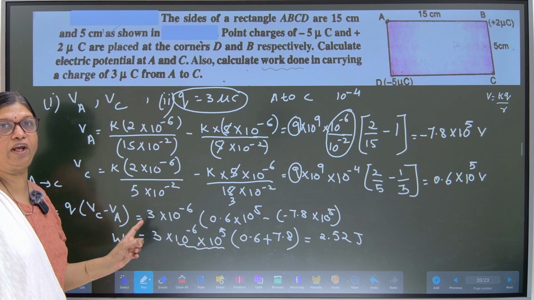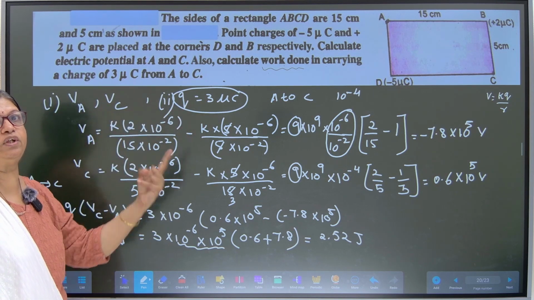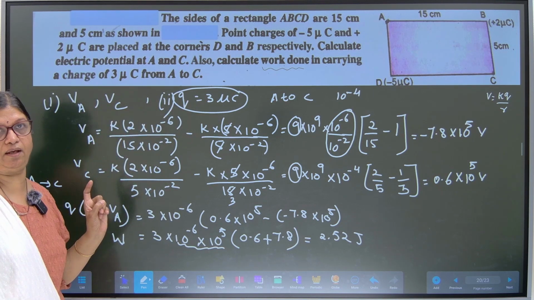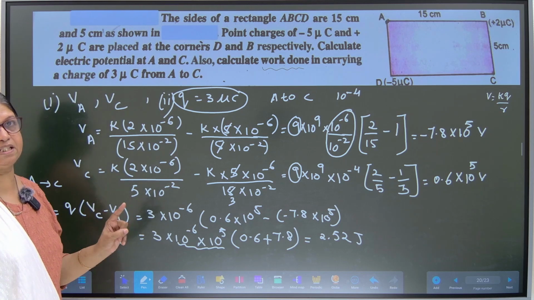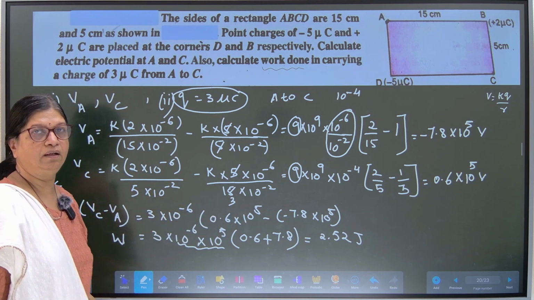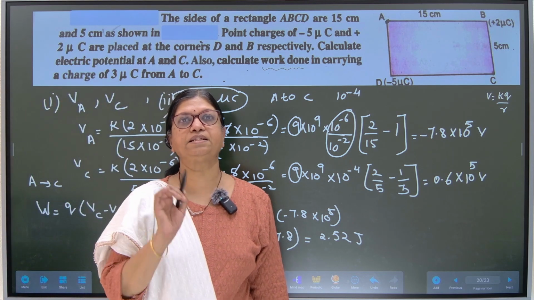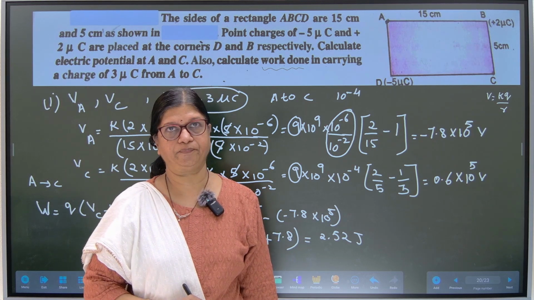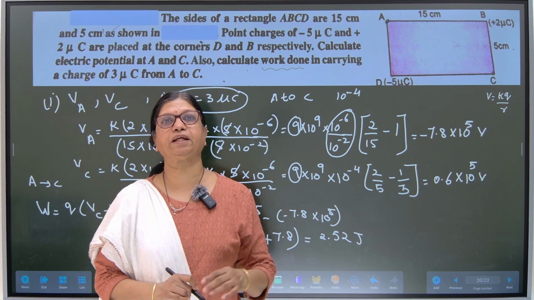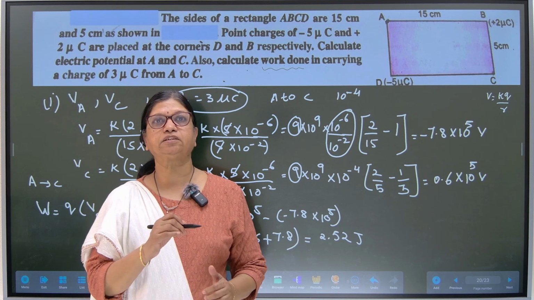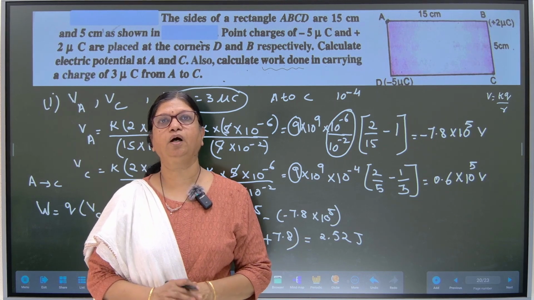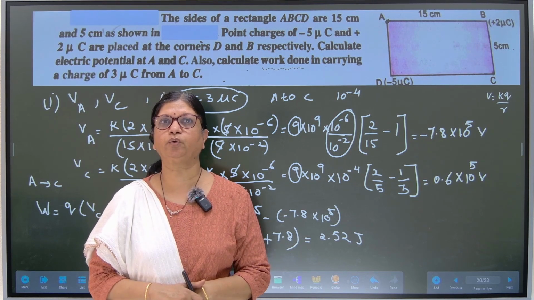Potential difference from where to where? VA to VC. That's why we wrote VC minus VA. A to C is VC minus VA. Substituting the values, we get the work done is equal to 2.52 joules. So take a note of the numerical, understand it. I just move and you take a click of what work we have done on this numerical.